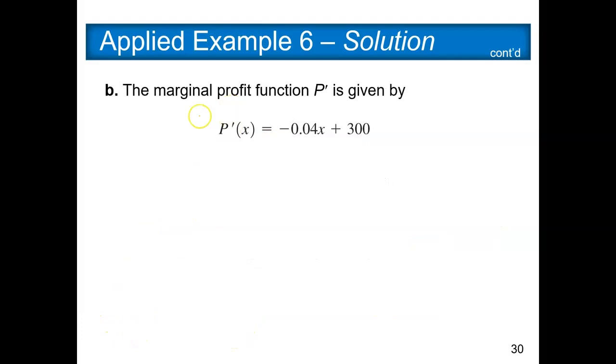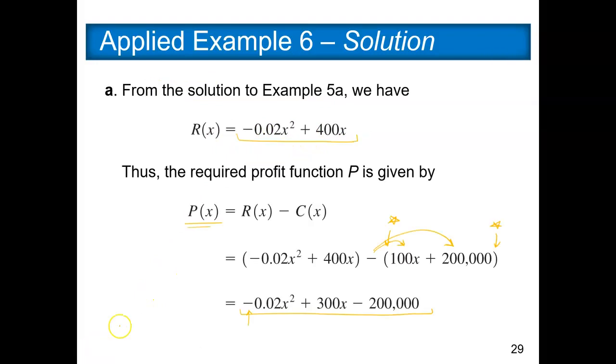Okay, marginal profit. I want to find the rate of change of how quickly the profit is changing per item. Taking the derivative, let me move it back. Taking the derivative of this polynomial using the constant multiple rule, I'm going to write my constant.